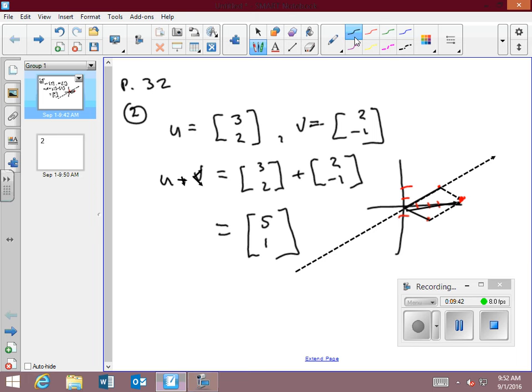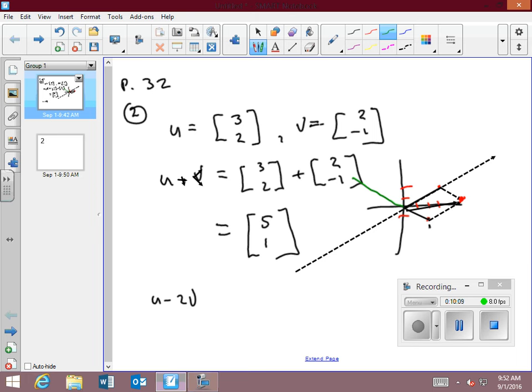So then if you're doing u minus 2v, so the v was this one right here. So if you're going to go minus 2v, you're going to go back in this direction, right? 2 times that.